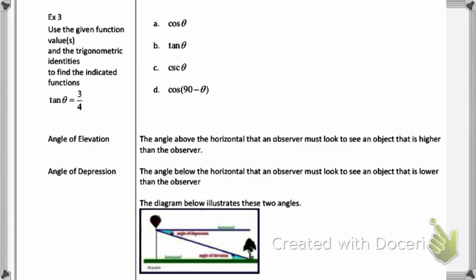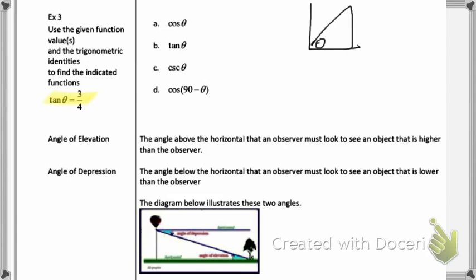So we know over here that tangent of theta equals 3/4. So let's sketch our graph here. Tangent of theta is 3/4, so it'll be in the first quadrant because it's all positive numbers.